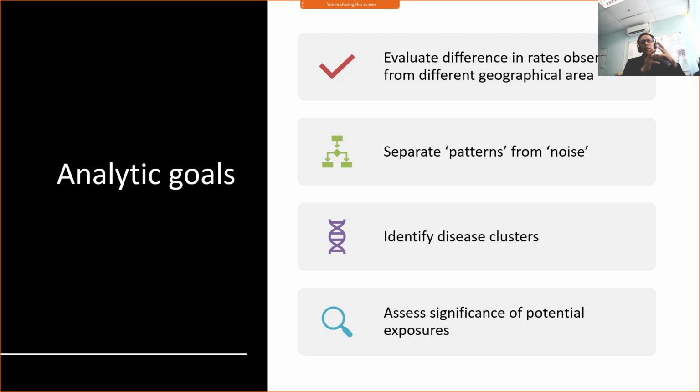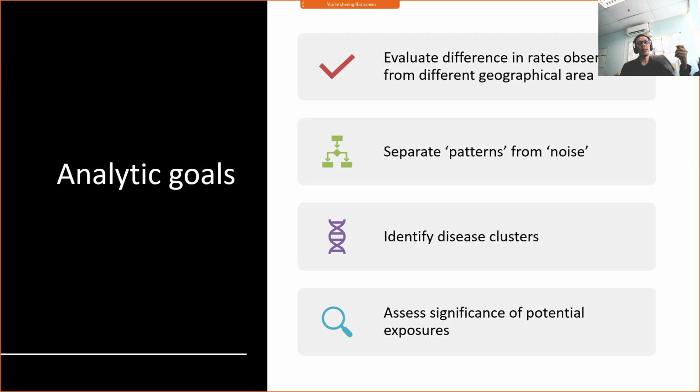Secondly, you want to separate patterns from the noise. For example, if you see the spatial distribution of dengue cases, right? Is the clustering of dengue infections in some areas real, or is that just because of some other noise or error in the measurement?